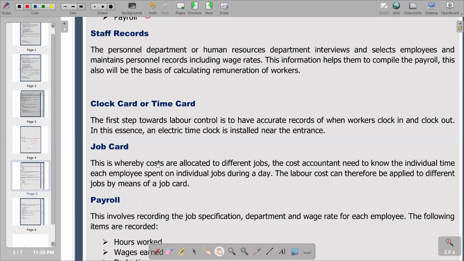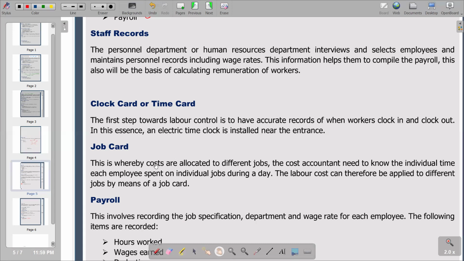Then we also have a job card. A job card now becomes a part of the clock card. So after the worker has clocked in, the job card now indicates what the worker was actually doing in the workplace, which jobs were being undertaken by the worker. A job card becomes specific in terms of the job processes that were undertaken by each and every worker.